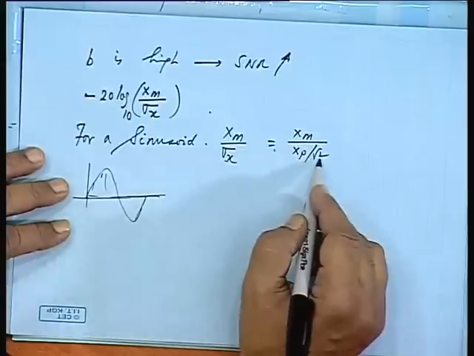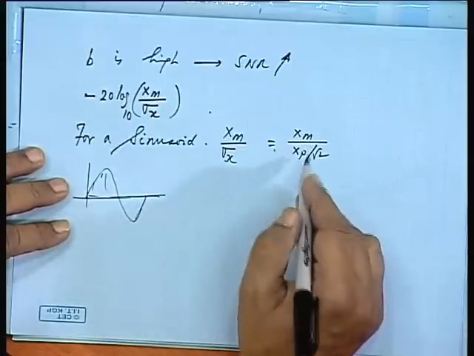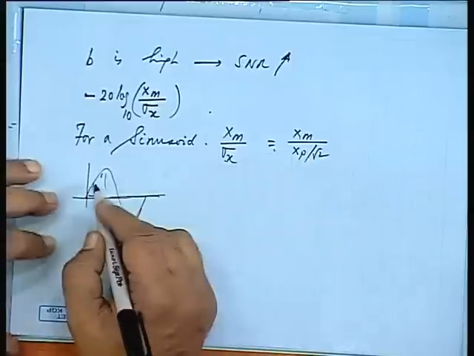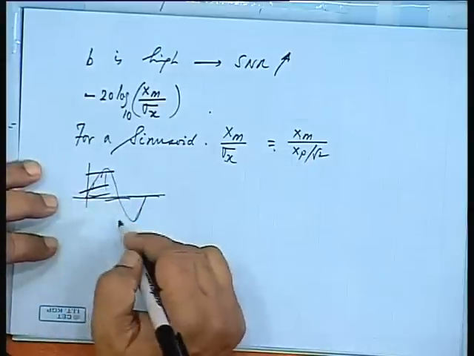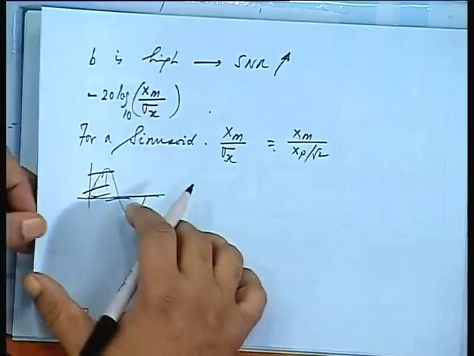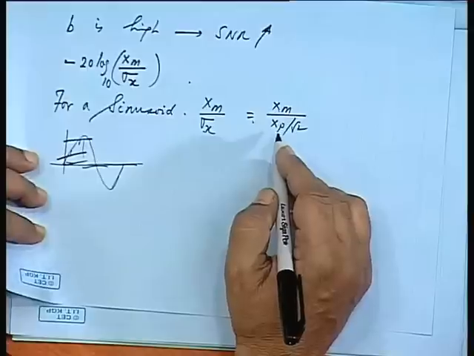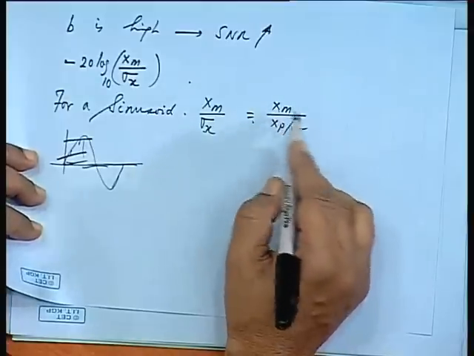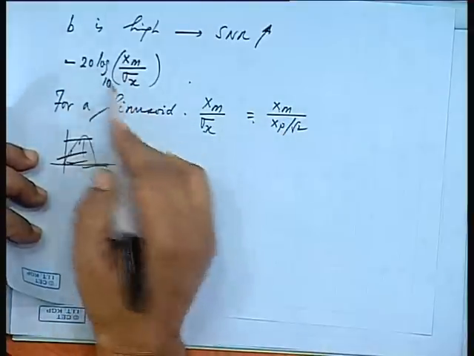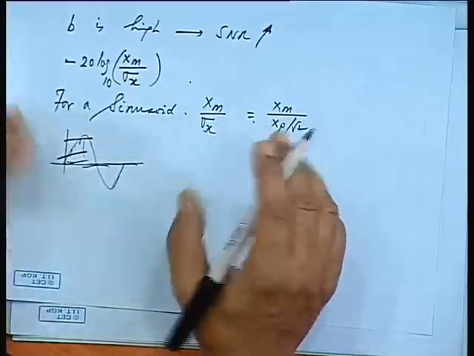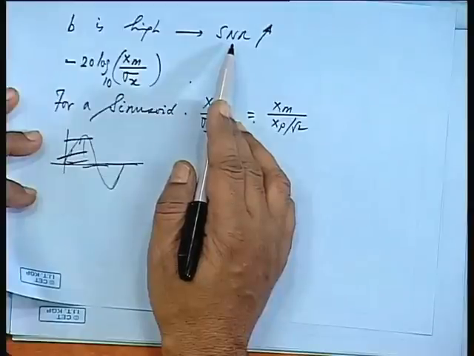So, it is xp by root 2. If you take a very small sinusoid, then this quantity will be large, so SNR will be small. That means, if you take a very small signal compared to the available range, then you are likely to have a very poor SNR.